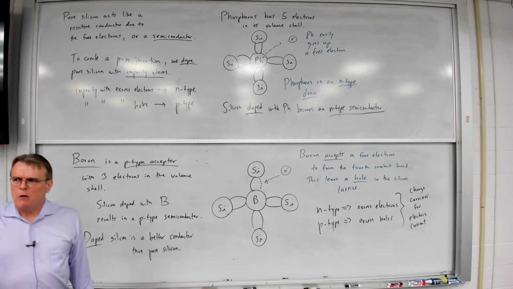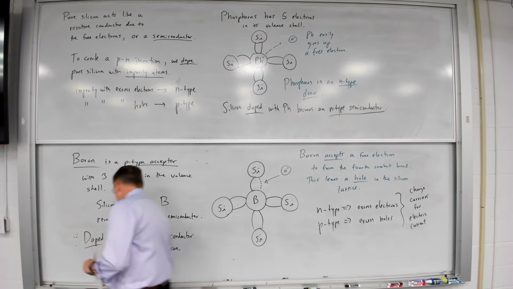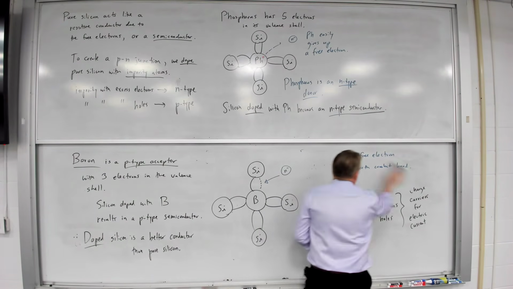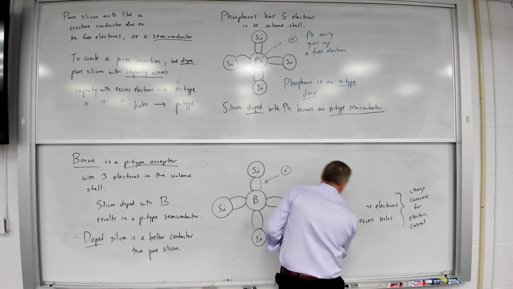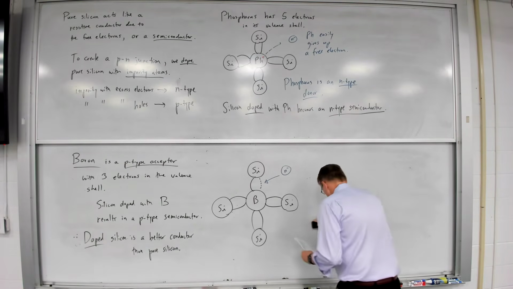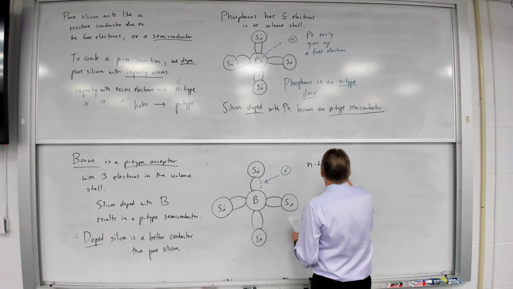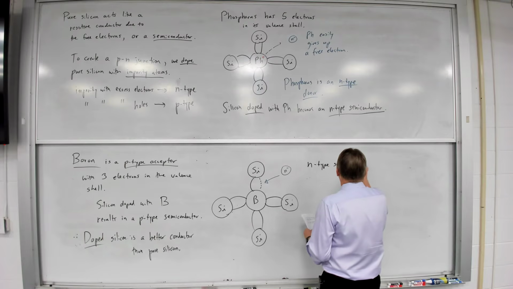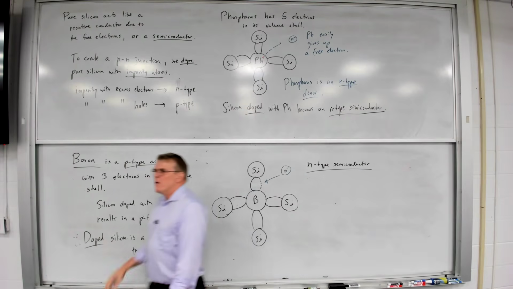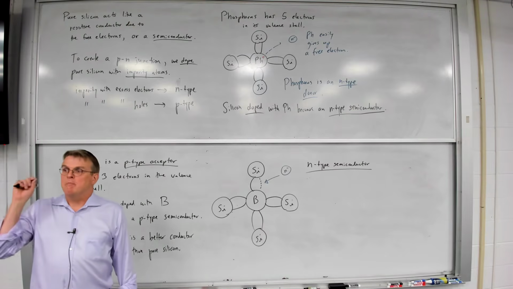Now, before we move on, I want to add one more definition. In an N-type semiconductor, there are lots of free electrons drifting around, and we say that electrons are majority carriers.